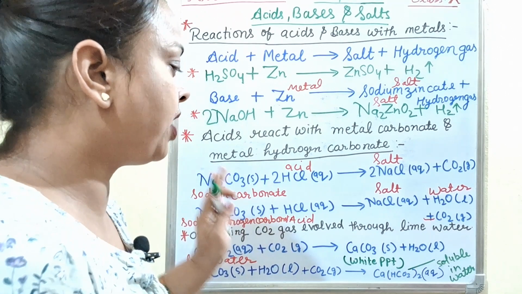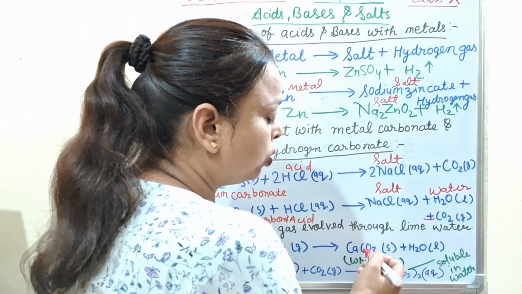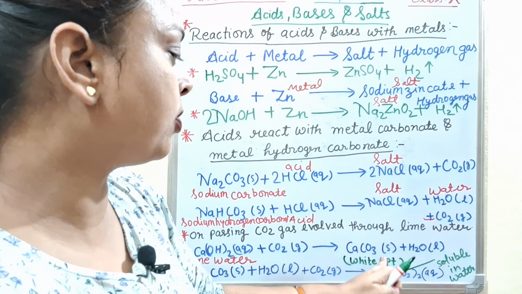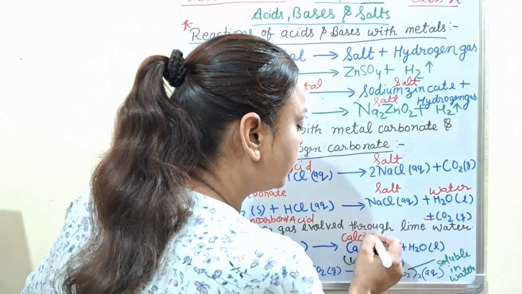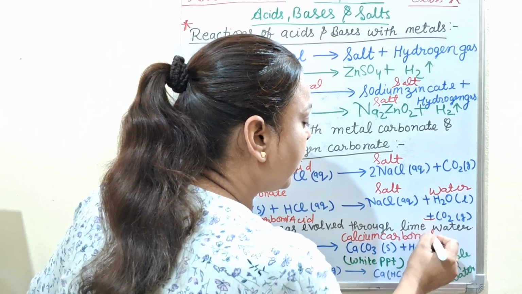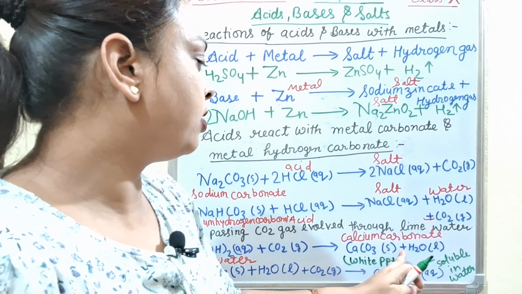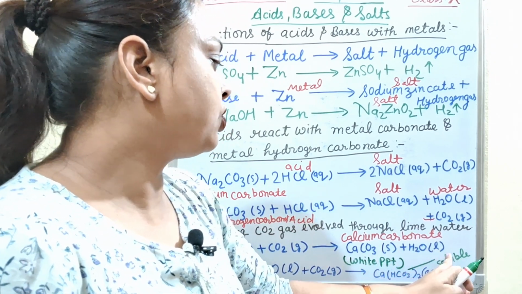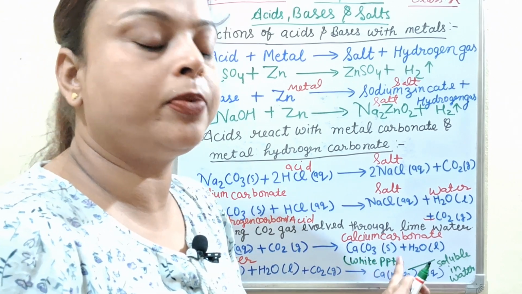Then CO2 gas is passed. What do we find? CaCO3, calcium carbonate. This is a white precipitate, and water. We find calcium carbonate and H2O. So CaCO3 is the white precipitate.